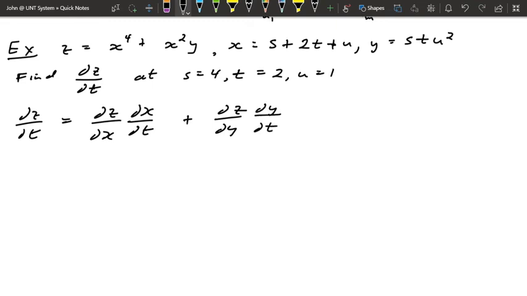Then we have to evaluate these at the appropriate point. All right, so let's calculate del z del x. 4x cubed plus 2xy. Del z del y would be x squared. Del x del t.